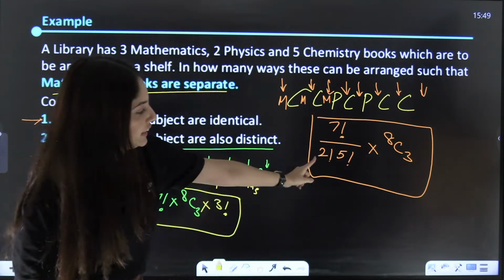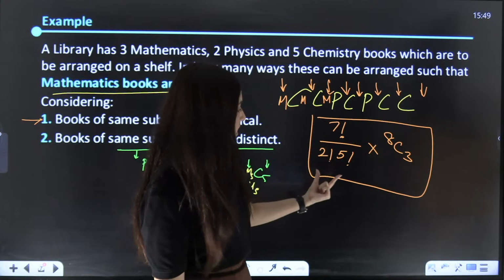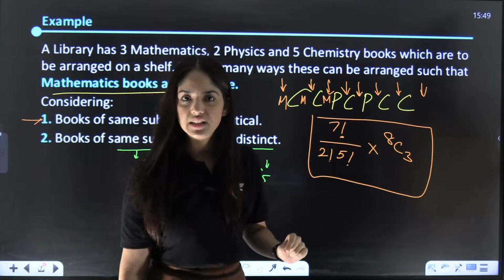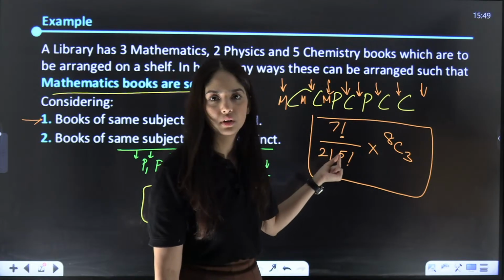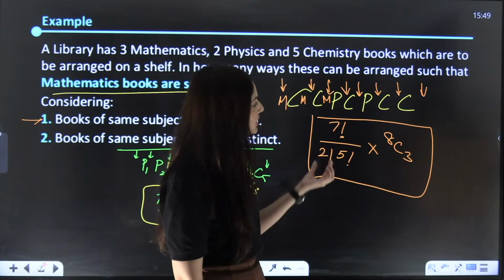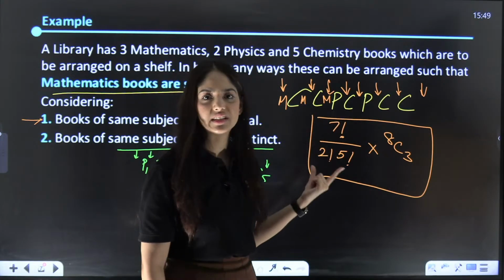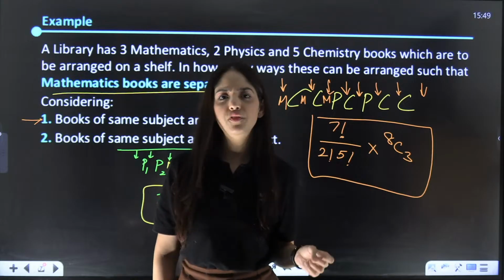Now an interesting thing, I just can't move on without addressing this. This is nothing but 7C2, right? 7 factorial by 2 factorial, 5 factorial. This is clearly 7C2. Is this a coincidence that the number of arrangements of P's and C's was 7C2, or we could have got it directly from 7C2?